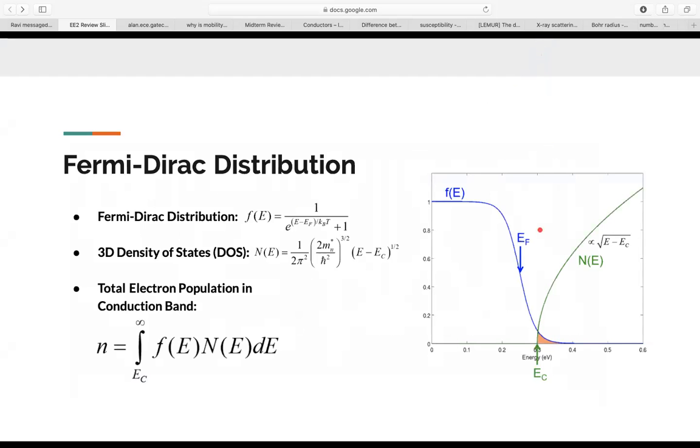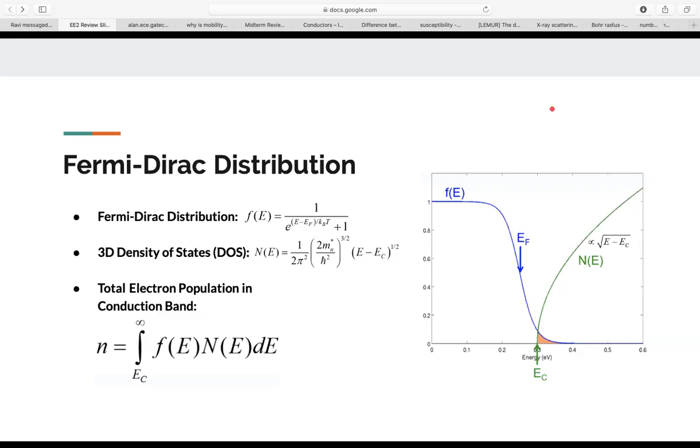Yeah, now we get to the semiconductor stuff. One way people measure how many electrons and holes they have in the conduction band or the valence band is through the Fermi-Dirac distribution, where you have essentially two curves.